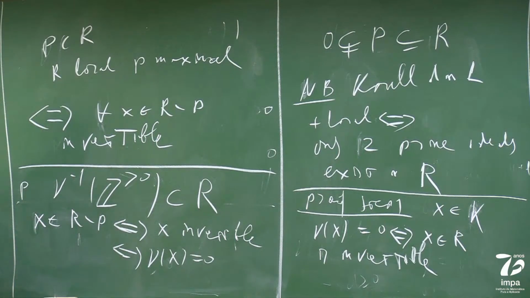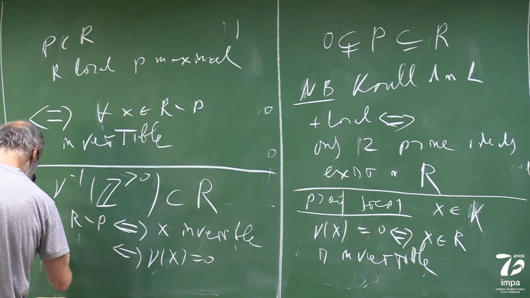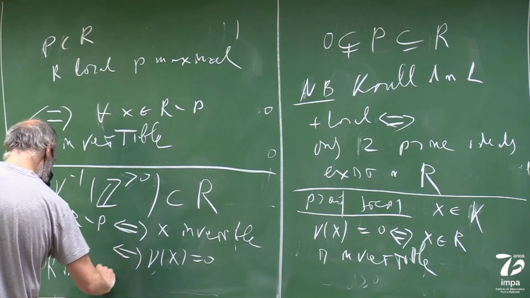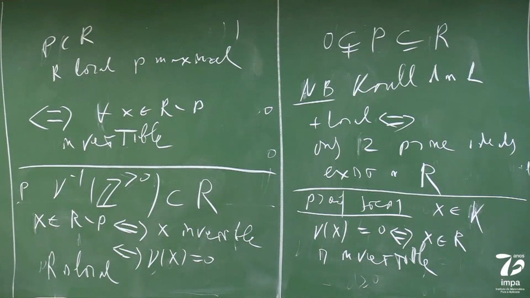Then P is maximal, so R is local, and P is the maximal ideal. Oh, here it is R, sorry. I changed A to R everywhere except on the first slide. Sorry about this.